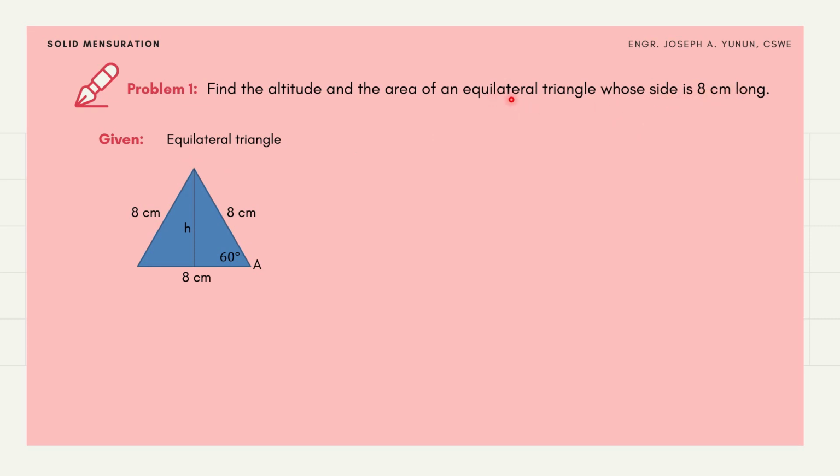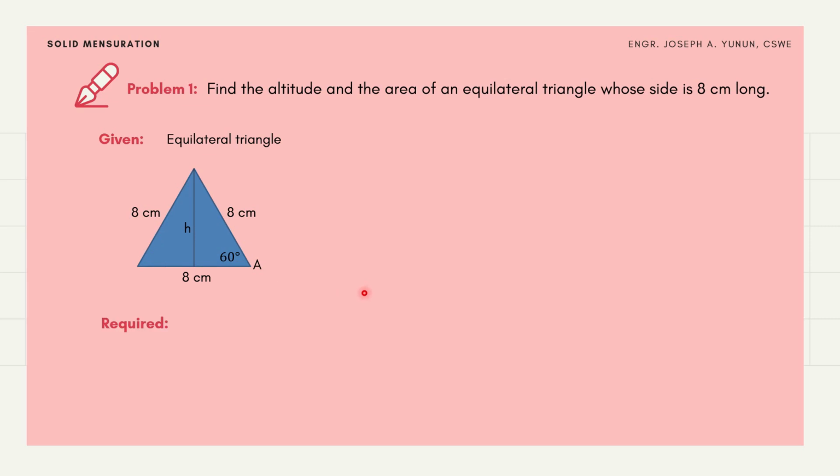Since it is an equilateral triangle, all sides are equal: you have 8 centimeters, 8 centimeters, and 8 centimeters. Now you have this one line here, represented by height, and it is perpendicular to the base. We also know that for an equilateral triangle, all of its interior angles are 60 degrees.